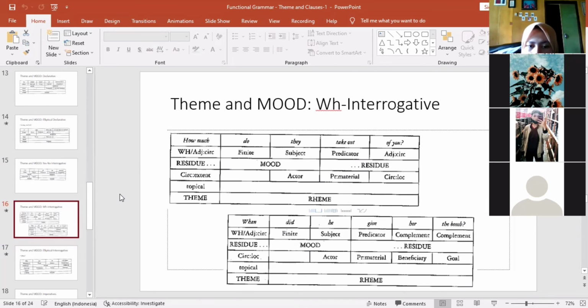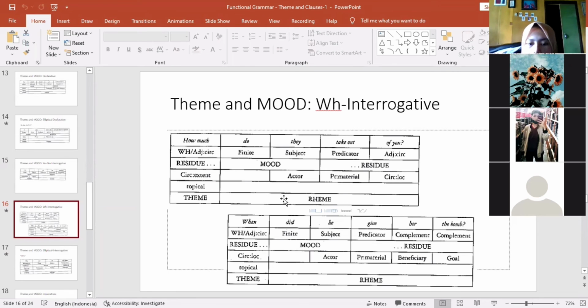And another example: when did he give her the bump? When is WH adjunct circumstance, did is finite, he is subject, give is predicator, her is complement, the bump is complement.